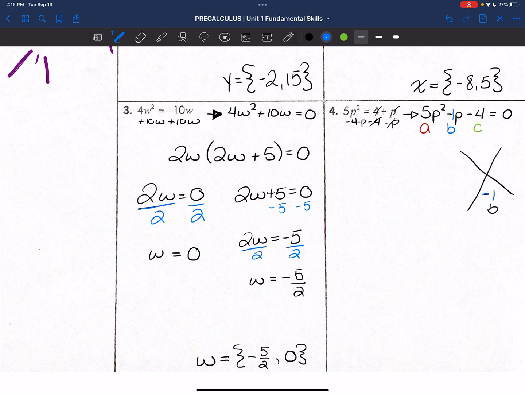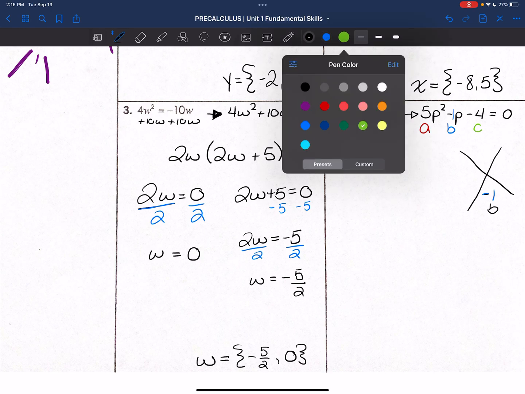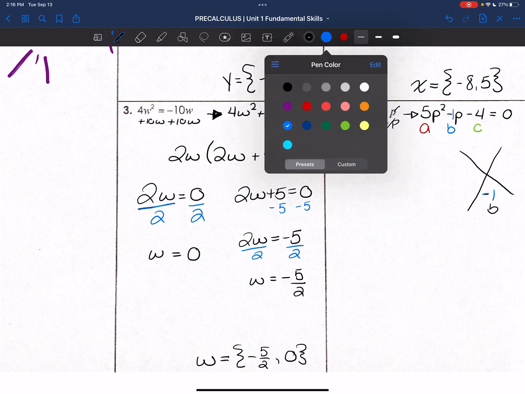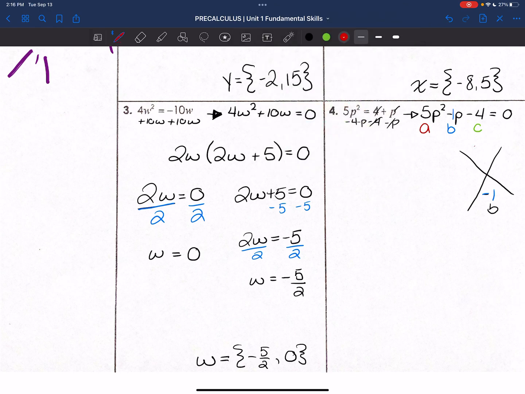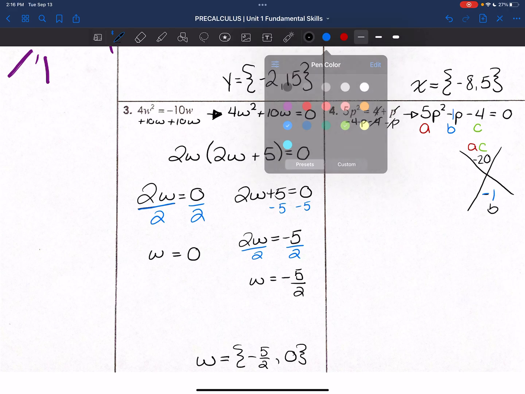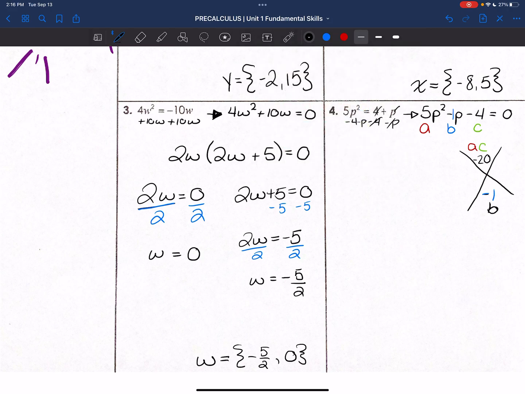And then on top, you want to take the product of A times C, which gives us a -20. All right, so what is going to multiply to give us a -20 and add to give us that value of B, which is -1? What's that going to be, you guys?